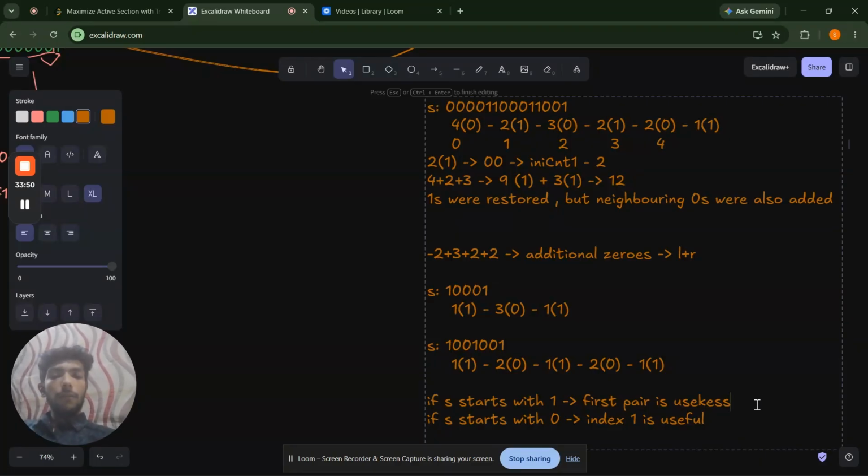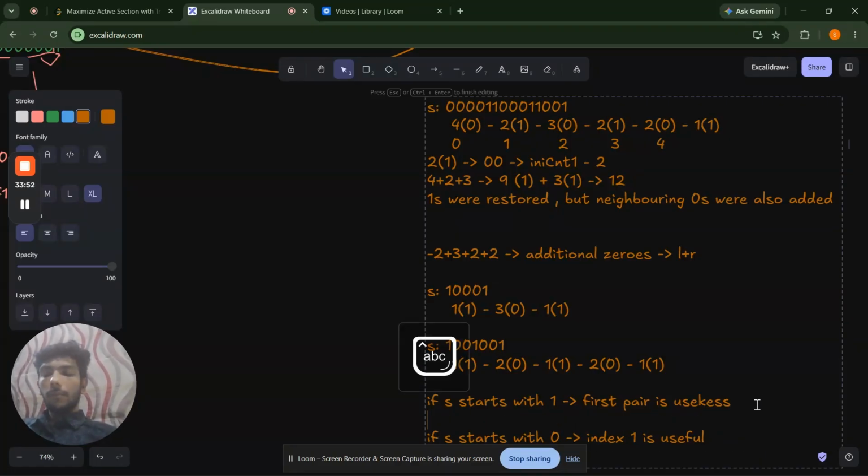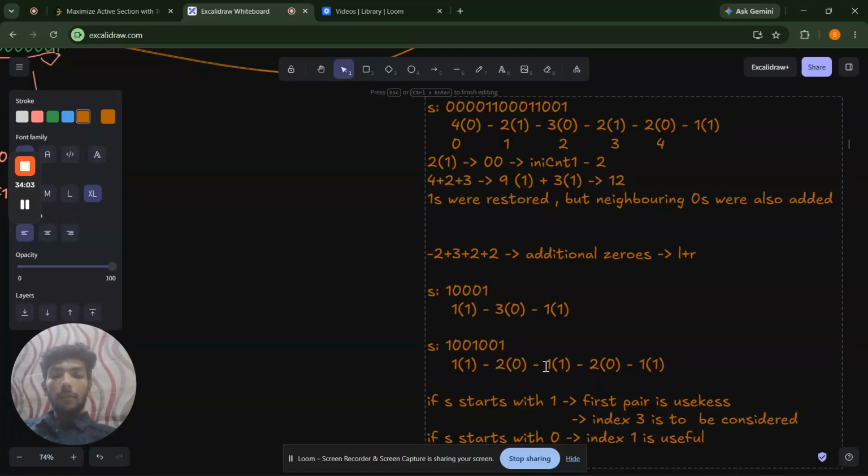But what if it is starting with 1? Index 3 is to be considered. In this case, we can consider this index 2, sorry.